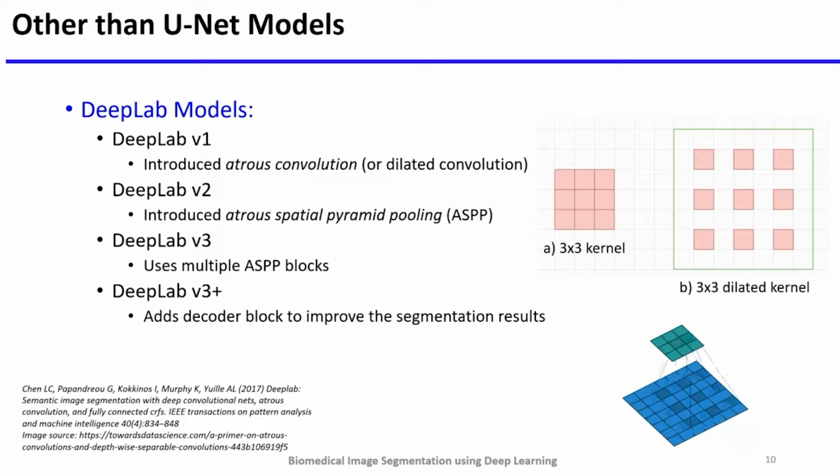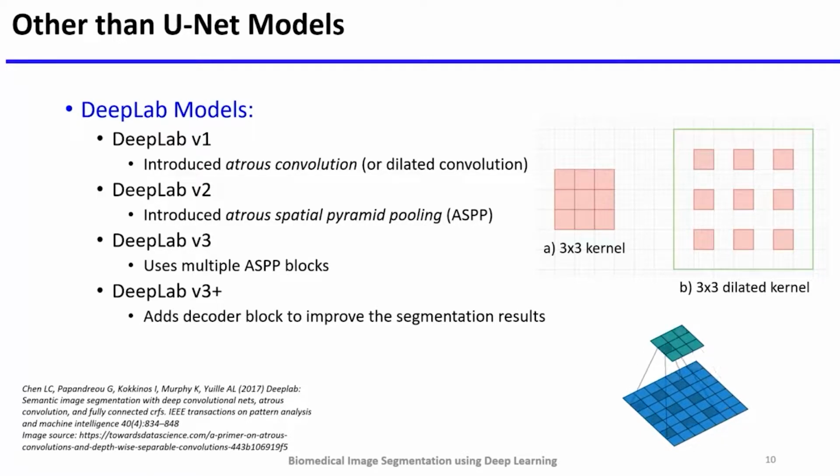To further improve the results, DeepLab V2 proposed the Atrous spatial pyramid pooling module that captures the features with multiple dilation rates and computes the aggregated feature maps that represent multi-scale feature learning. Later, in DeepLab V3, multiple ASPP blocks are used to generate much better segmentation results.